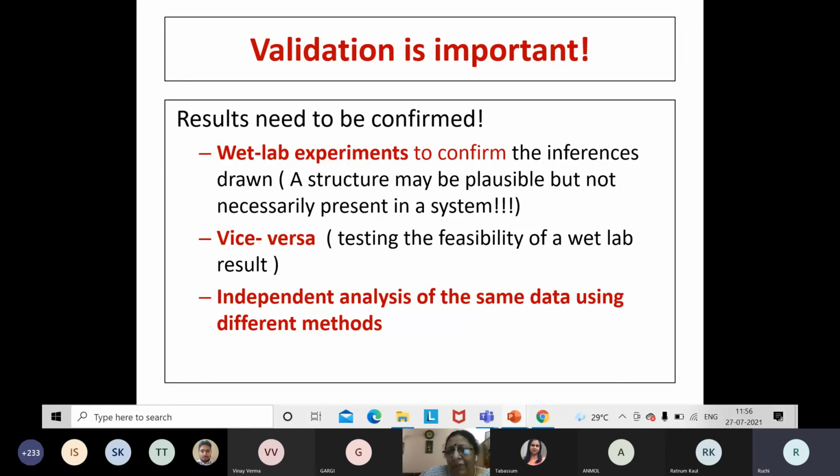In that case, you claim the robustness of your findings, as I told you, by doing independent analysis of the same data using different methods, and by establishing the congruence of the results obtained using independent analytical methods. So that is where the validation can be justified if you are doing that kind of a bioinformatic analysis, which is not possible to be validated using wet lab experiments.